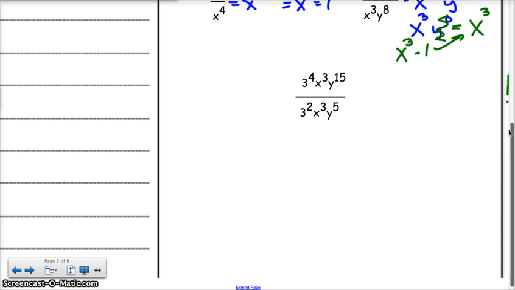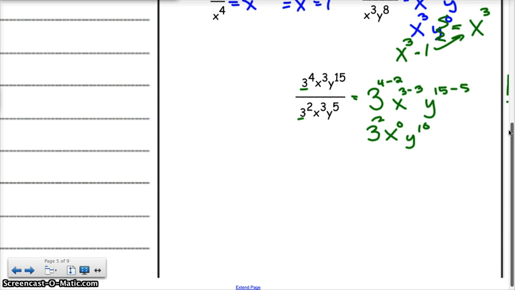3 to the 4th, x cubed, y to the 15th, over 3 squared, x cubed, y to the 5th. 3 has the same base, so I can subtract the exponents. This would be 3 to the 4 minus 2, x to the 3 minus 3, y to the 15 minus 5. 3 squared, x to the 0, y to the 10th.